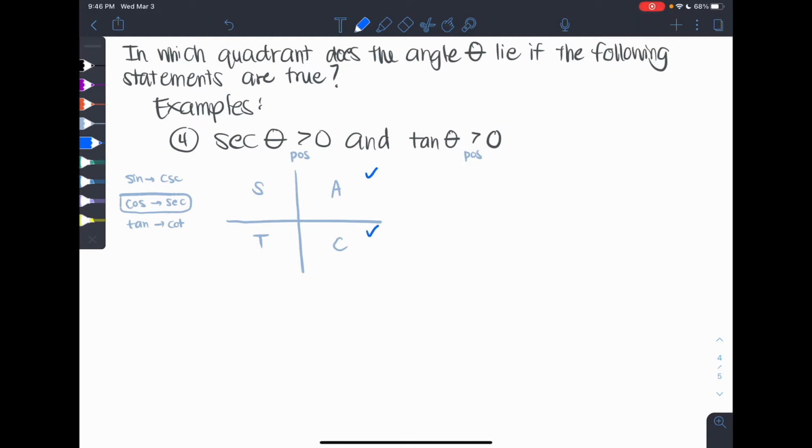So that means secant is positive in quadrants 1 and 4. Now for tangent, tangent is also positive in quadrant 1 and it's positive in quadrant 3. So we can conclude that secant and tangent are positive in quadrant 1.